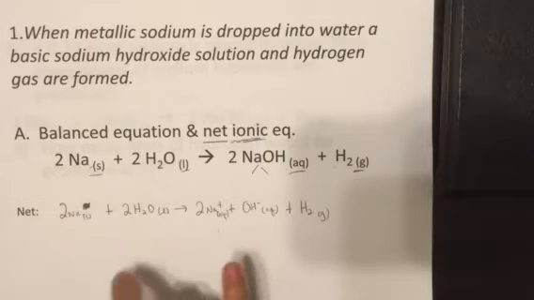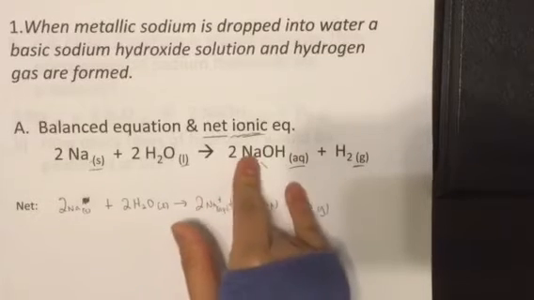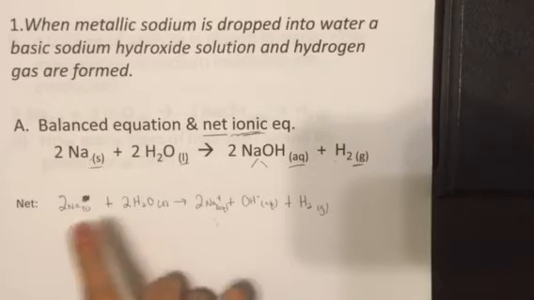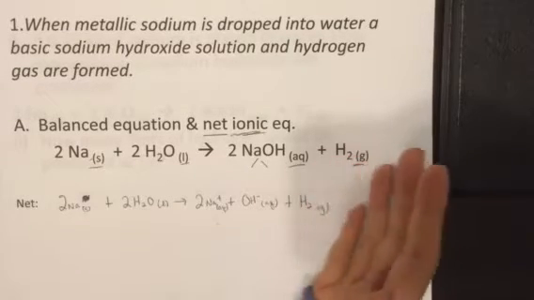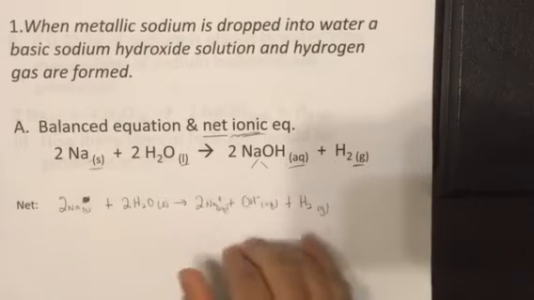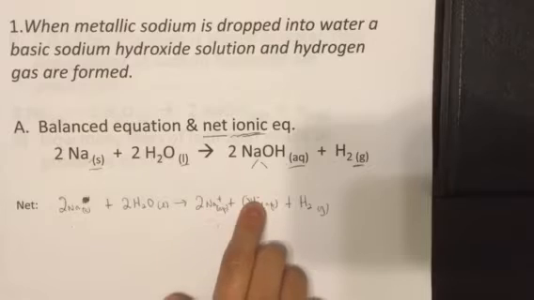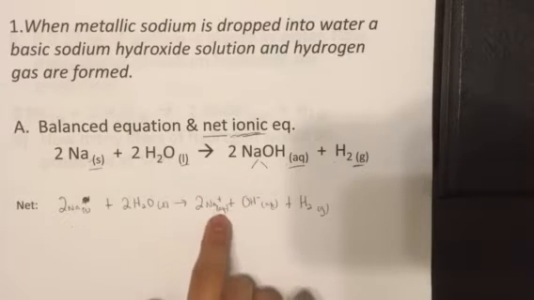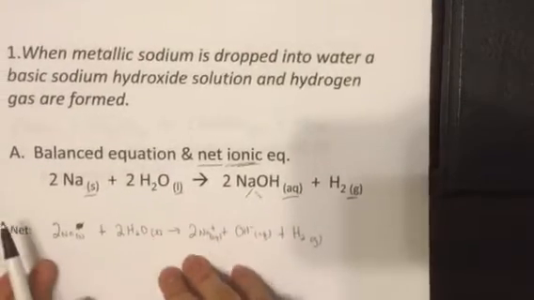But I need to take apart my aqueous, so I took it apart, and then I realized I need to keep every one of them. None of them were spectator, so I need to keep all of it. And so this is what you should have seen. Remember, the charges only apply to the ions or the aqueous ones, and no charge for solid, liquid, or gas.